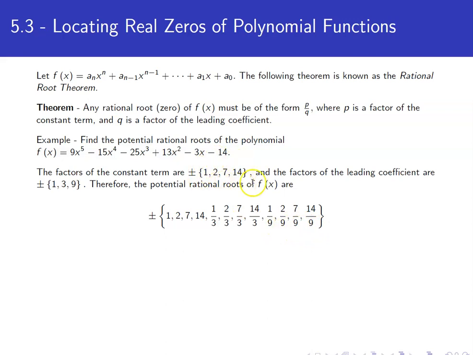Each of these numbers here are your numerators, and each of these numbers here are your denominators. So we've got 12 numbers in this list, and we can do plus or minus any of them, so we get a possibility of 24 different rational roots.